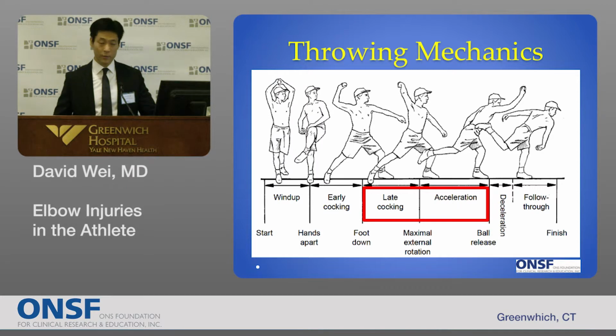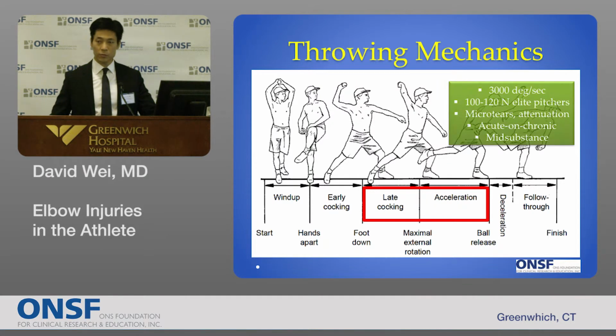This is a familiar diagram that Dr. Kowalski showed, but when we're talking about throwing, there are 2 main areas that put the arm or the elbow at risk. That's the late cocking phase and the acceleration phase. And it's really during this time that the elbow goes under a tremendous amount of force and speed. It undergoes about 3,000 degrees per second of rotation, and that puts, in elite pitchers, almost 120 newtons of force right in that ligament.